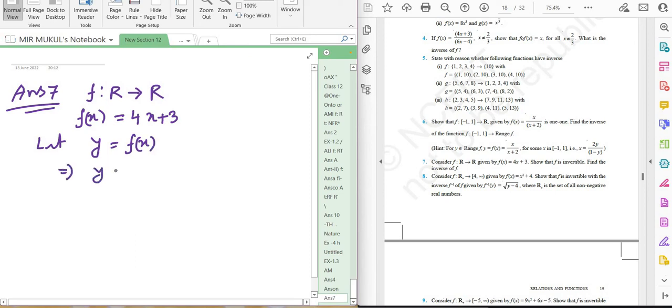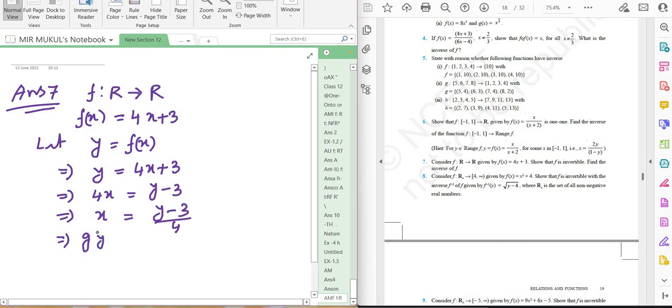So y equals 4x plus 3. Then 4x equals y minus 3, then x equals y minus 3 upon 4. So we consider this as g(y). g(y) equals y minus 3 upon 4.